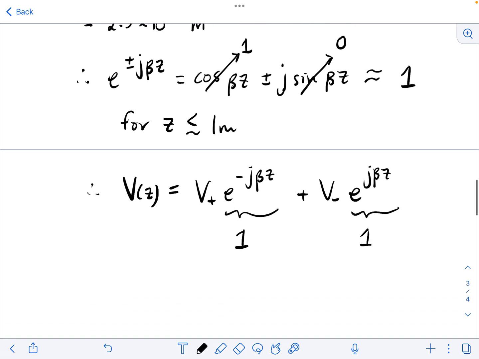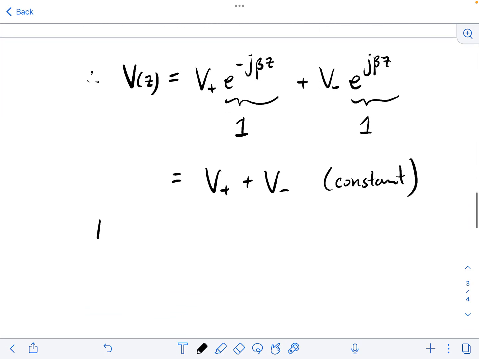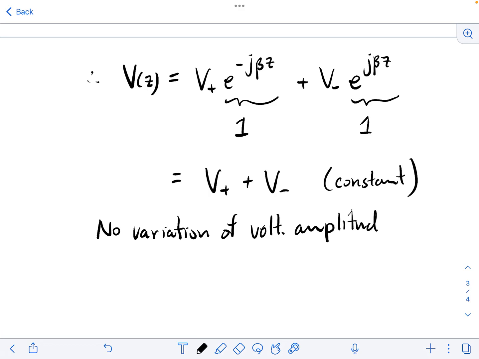And we get that this is just equal to some constant value of these coefficients, V plus plus V minus. The important thing is that this is just a constant. There is no variation of the voltage amplitude along the length of the transmission line.